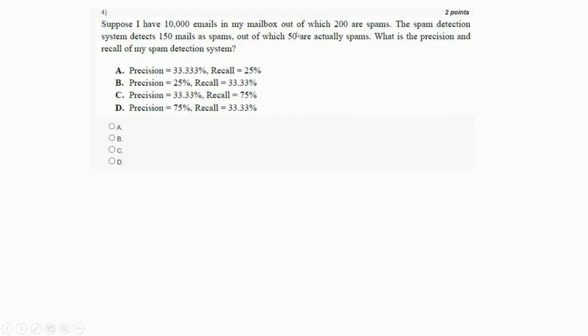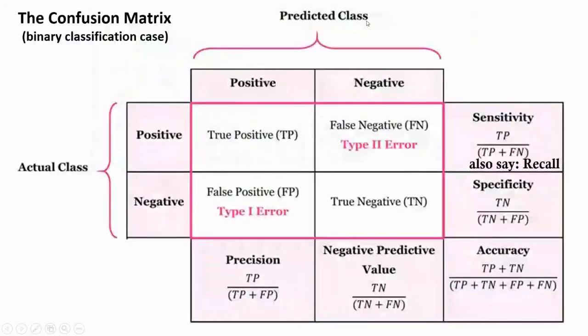50. The remaining 150, it is not even detecting as spam, which are actually spams. So, your actual spams, what is your actual class? This row, not this column. This row is your actual spams. So, your actual spams, this total is 200.